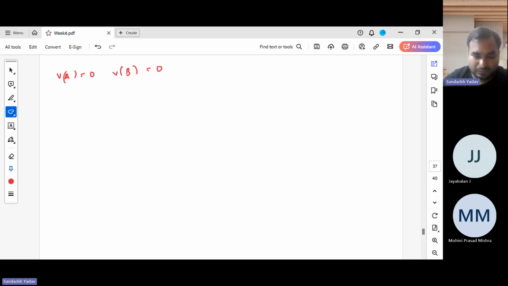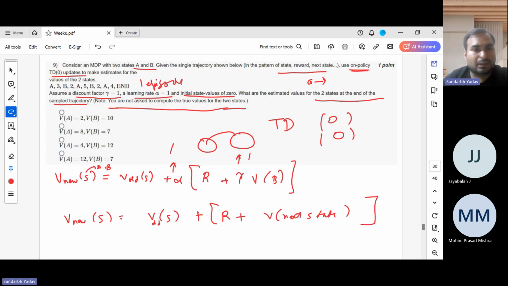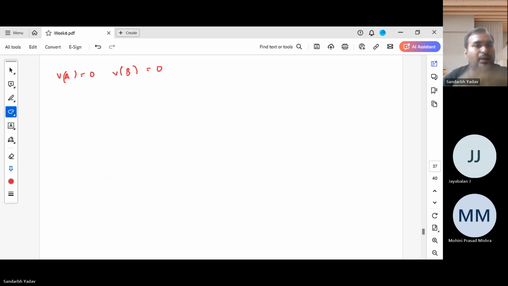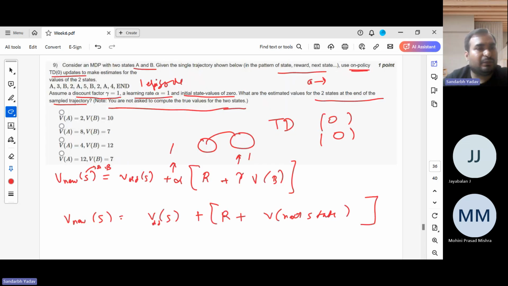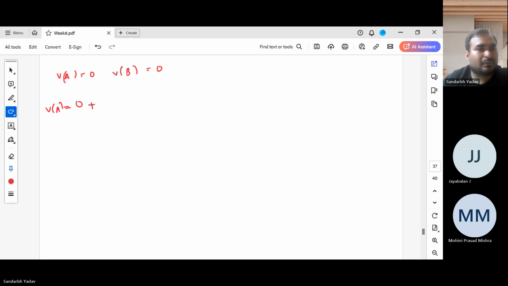Okay, so value of, wait a minute. We are starting from 0, right? So old value of A will be 0 only. So for the first one it is 0 plus, we are getting reward of 3, right?